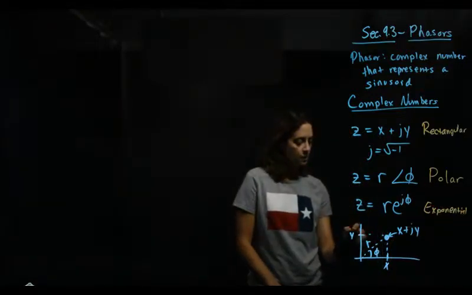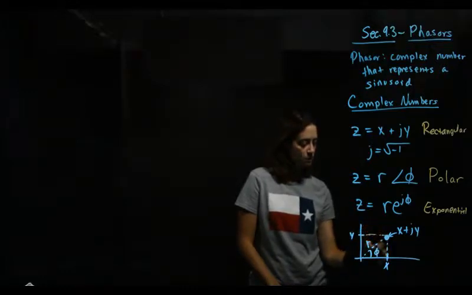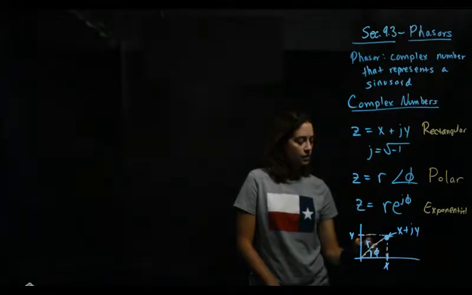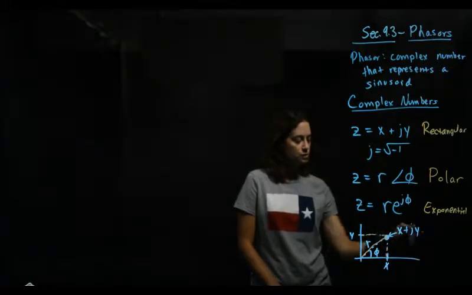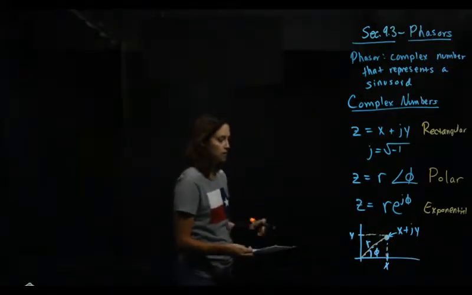So here's a little picture. We have some x, some y. Right here is our r. The angle's phi. And then this point is represented by x plus jy.